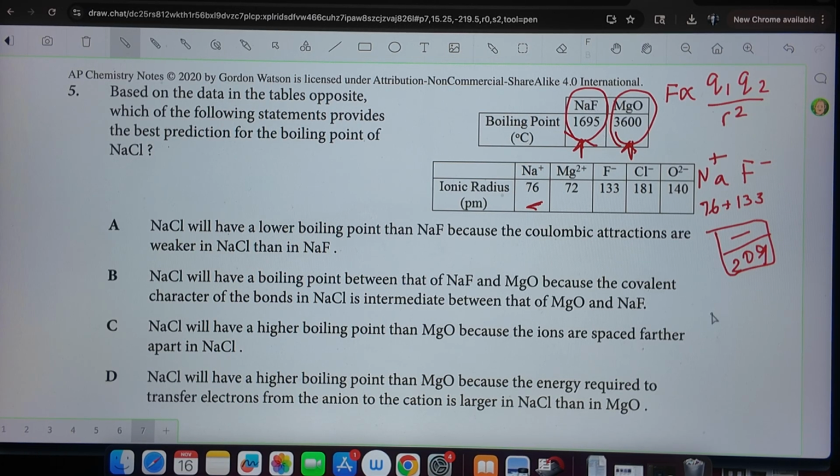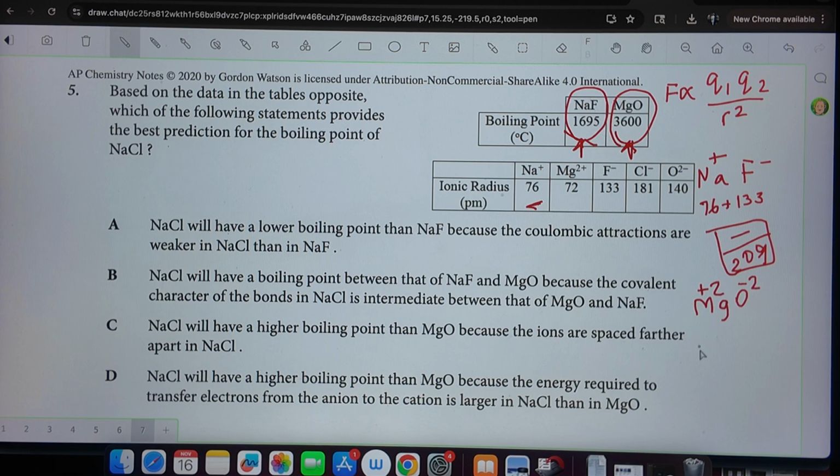And then the next one would be MgO. MgO would be positive 2 because oxygen is negative 2. Right here they tell you too, MgO is plus 2 and minus 2. So its charge at the top would be negative 2 times 2, which would be like negative 4.